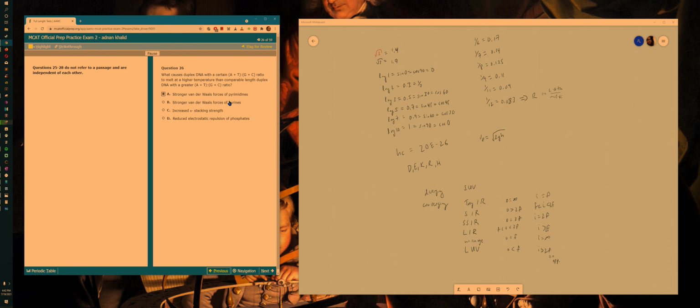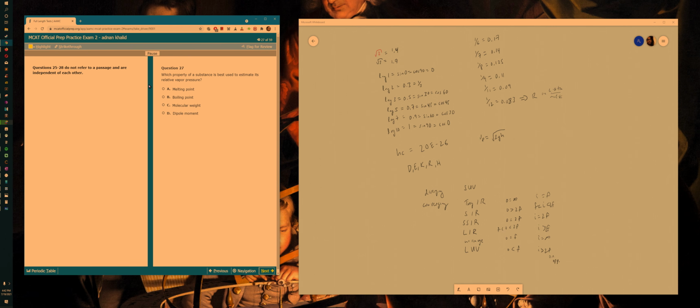I think the purines are the bigger ones. Pi stacking. I know it's due to like greater. GC has 3 hydrogen bonds, A and T do not, but A and G I believe are. Is that pi stacking? I'm not sure. Whatever. I flagged it, so you go back to it.